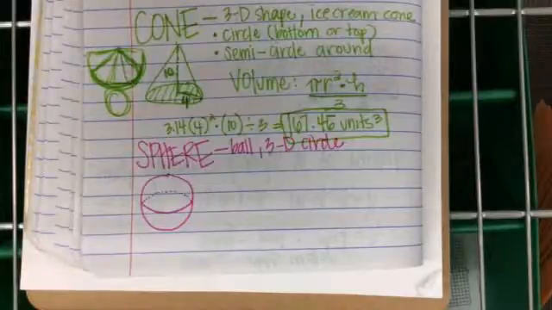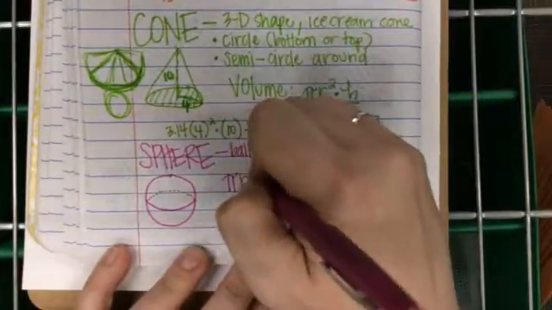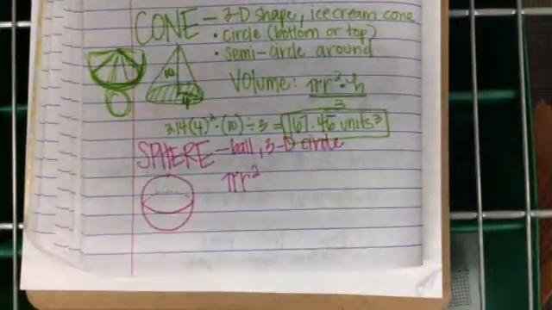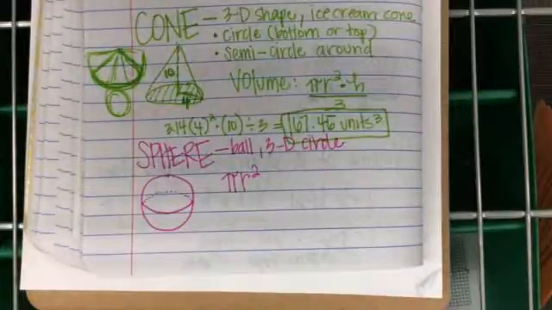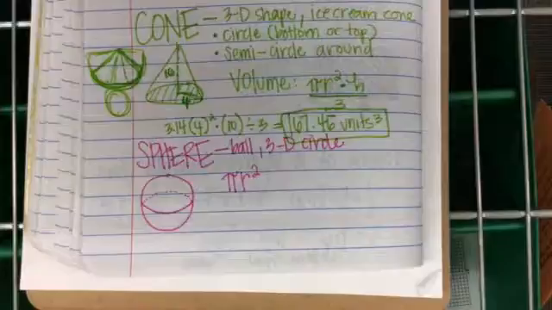So what does it have to have, do you think? Pi times r squared. It's the basis. It's a circle. So it's pi r squared.